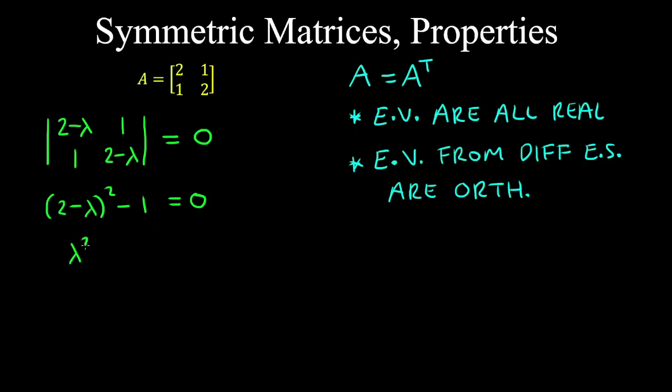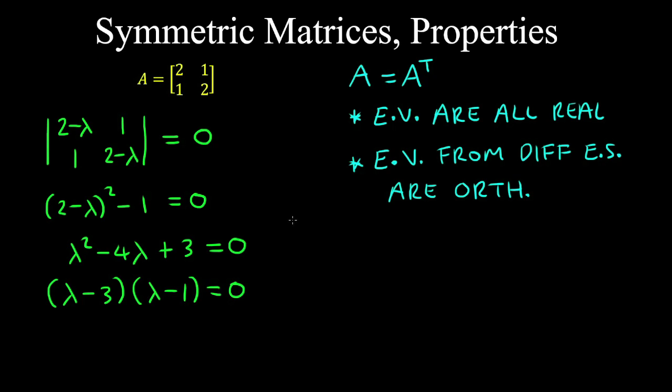That gives lambda squared minus 4 lambda plus 4 minus 1, which is plus 3, equal to 0. If we factor the polynomial, we have (lambda minus 3)(lambda minus 1) is 0. So our eigenvalues are lambda 1 is 3 and lambda 2 is 1.